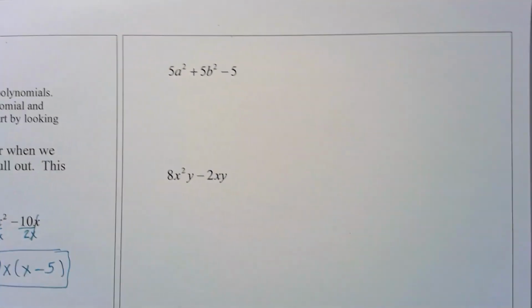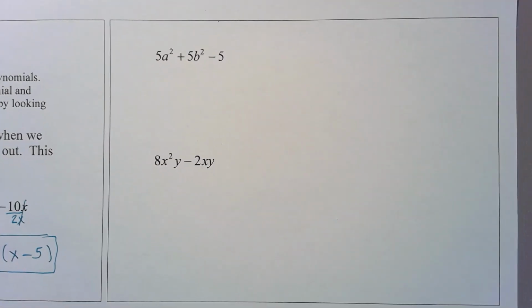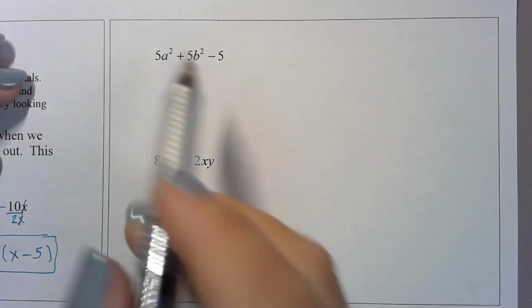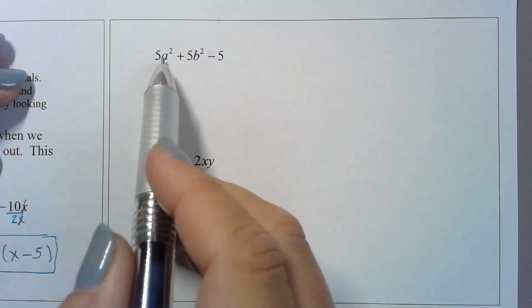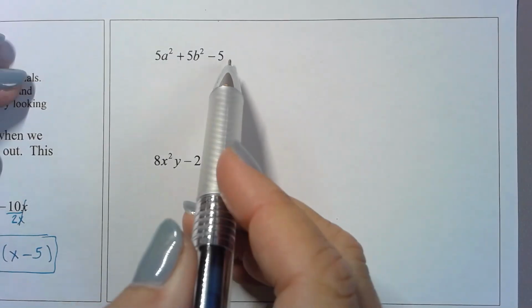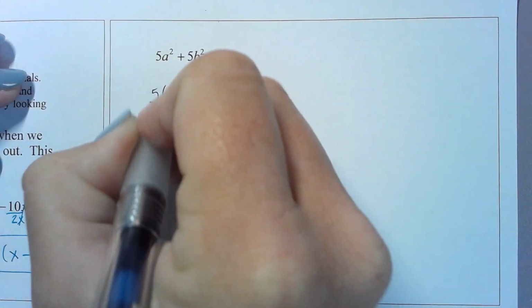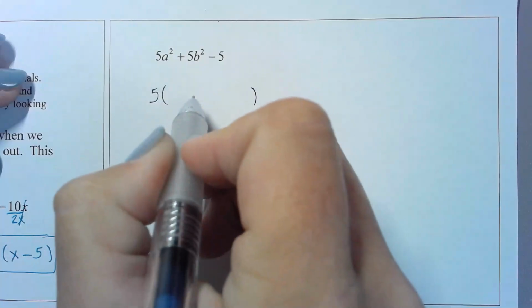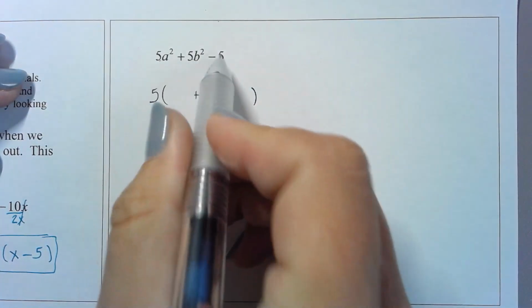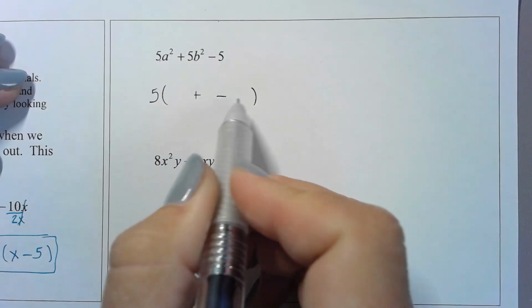Let's take a look at these. So I have a 5a squared plus 5b squared minus 5. So I have 3 terms. And they don't all have variables in them, so I can't pull out any variables, but we see that they all have a 5. And again, if you start with 3 terms, you should still have 3 terms.